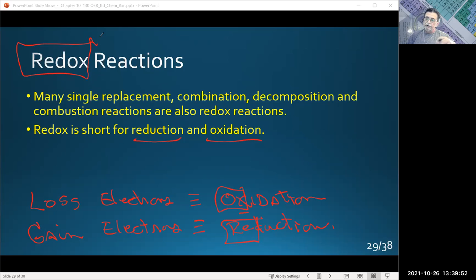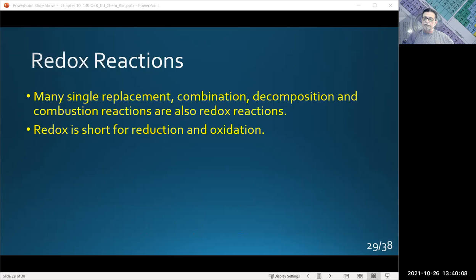Now, redox reactions: any reaction that involves the transfer of electrons occurs when there is a loss of electrons someplace, and there's always going to be a gain of electrons someplace else. Right now in your battery, if you're running an electronic device, one side of your battery is giving up electrons, while the other side is picking them up.